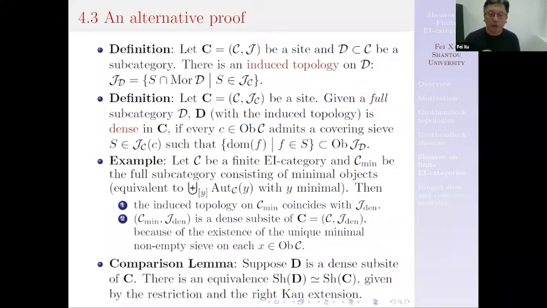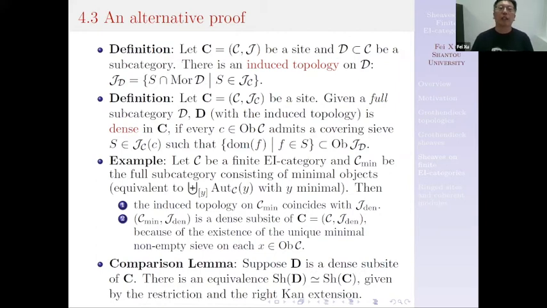But I have to warn you that the definition of the dense subsite depends on the topology. If you take the maximal topology, the induced subsite is always dense. If you take the minimal one, usually it's not.